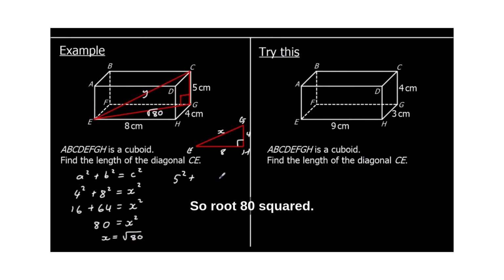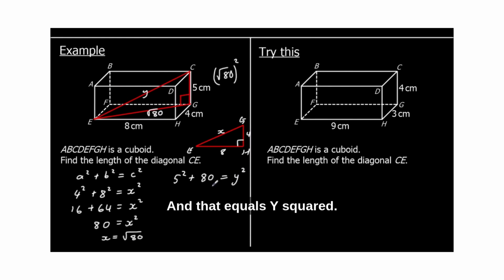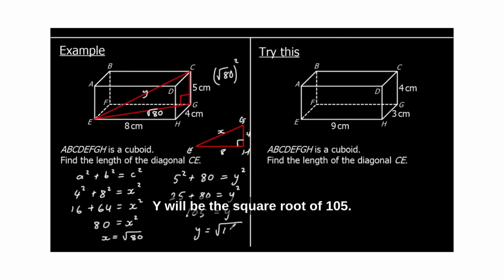If I've got root 80 and I square it, the square and the square root cancel out, so it's just going to be 80. So root 80 squared is 80, and that equals y squared. 5 squared is 25. So 25 plus 80 equals y squared. So it's 105 equals y squared. So y will be the square root of 105.